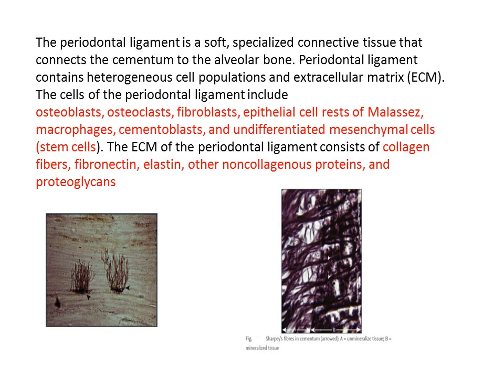The cells in the periodontal ligament are osteoblasts, osteoclasts, fibroblasts, epithelial cell rests of Malassez, macrophages, cementoblasts, undifferentiated mesenchymal cells, and stem cells. The extracellular matrix consists of collagen fiber, fibronectin, elastin, other collagenous proteins, and proteoglycans.